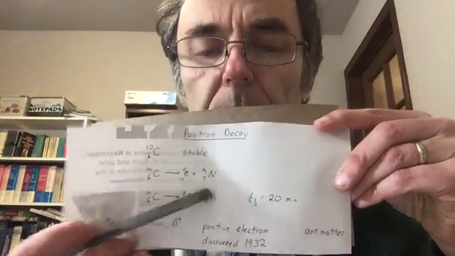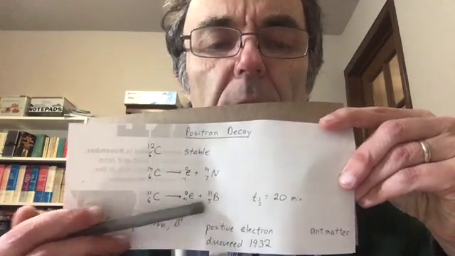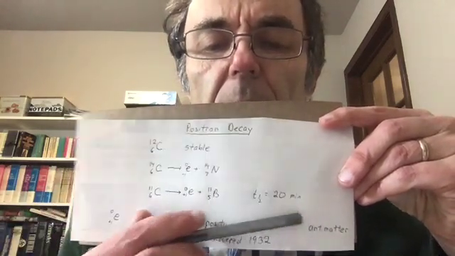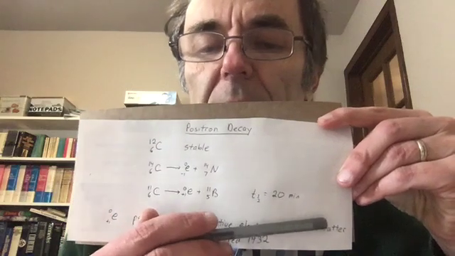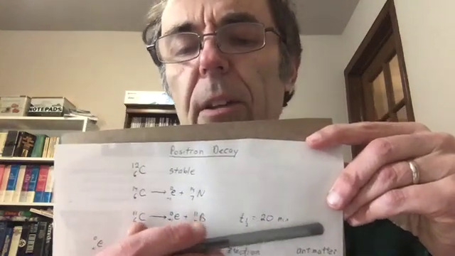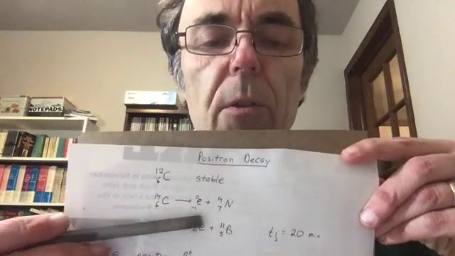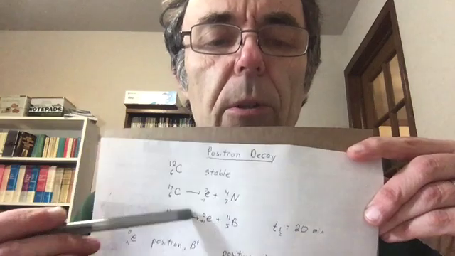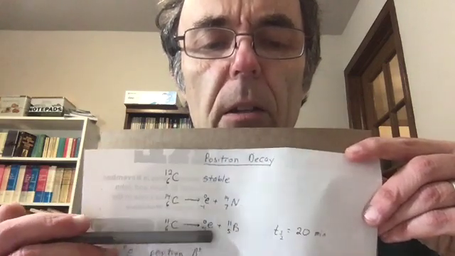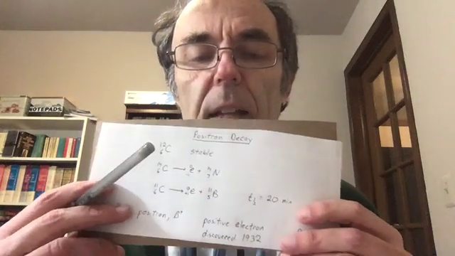Now, what's the fate of this positron? Well, positrons will almost immediately interact with an electron and annihilate each other. Positron's a form of antimatter. All particles have their antimatter particles. Antimatter is usually very rare, but if you get an antimatter particle produced and it meets its normal particle, it will annihilate and give off photons.